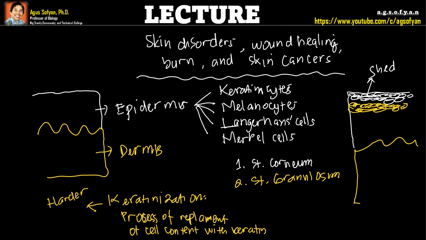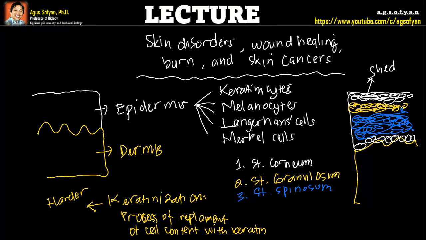Next is the stratum spinosum, and this is the thickest epidermis layer. And the last one is the stratum basale, which consists of cells that keep dividing. So stem cells are located in this stratum basale.